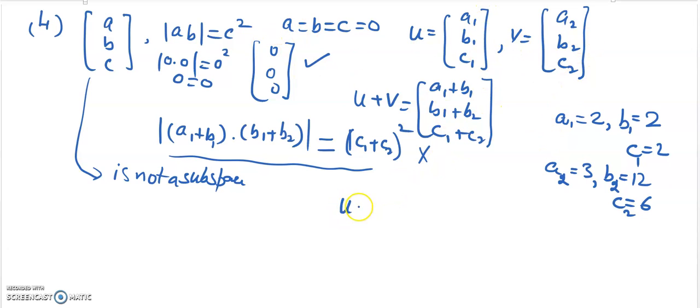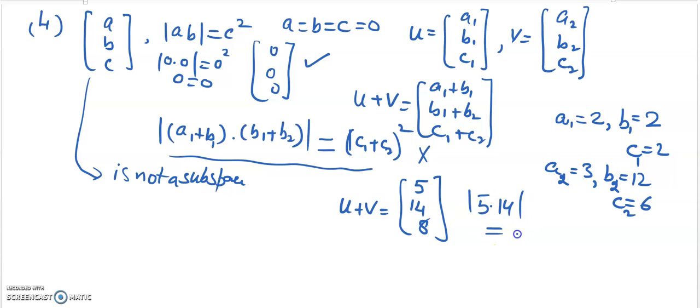But what will be u plus v? u plus v will be a1 plus a2, which is 5, b1 plus b2, which is 14, and c1 plus c2, which is 8. Now, is the absolute value of 5 times 14 equal to 8 squared?